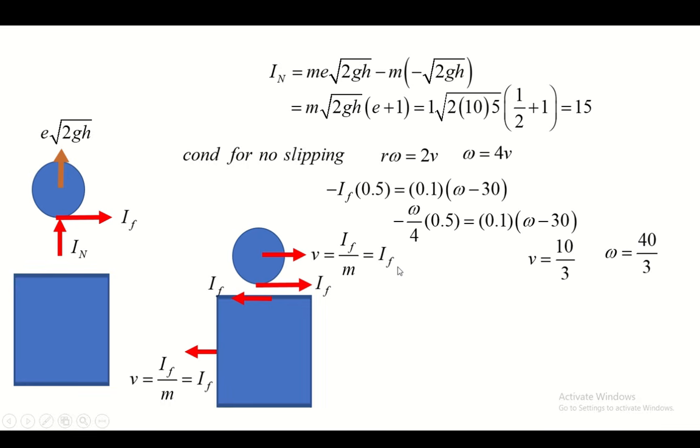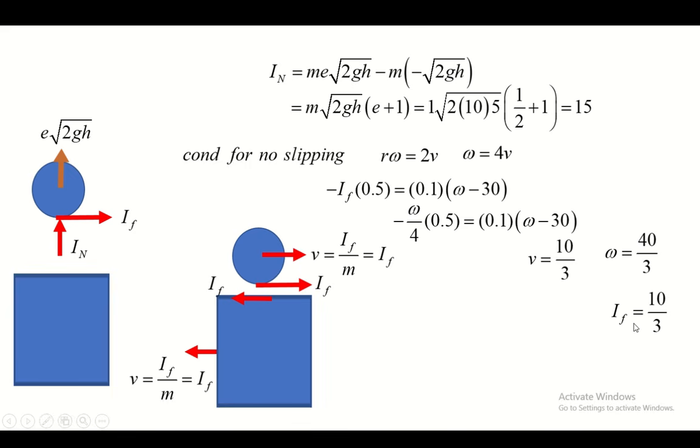Now let's find the required IF. It should not be more than the available IF, so that check we should make. If omega is 40 by 3, then v is omega by 4, so v comes out equal to 10 by 3, and IF is equal to v, so IF comes out 10 by 3. This is the impulse of friction required for producing no slipping.